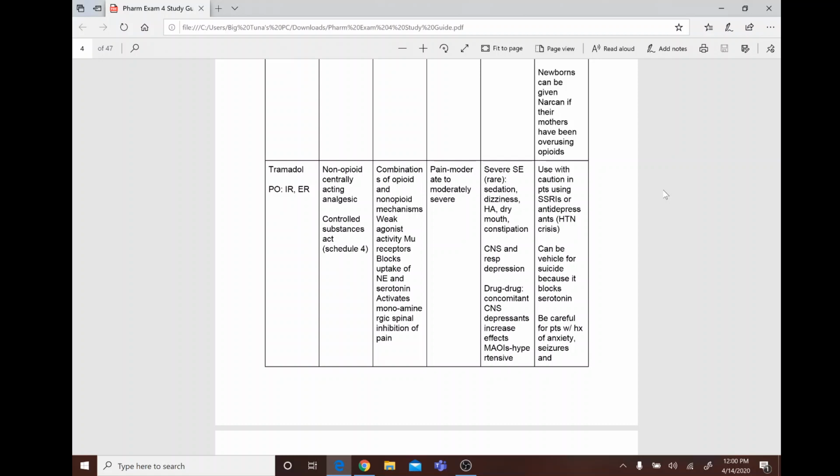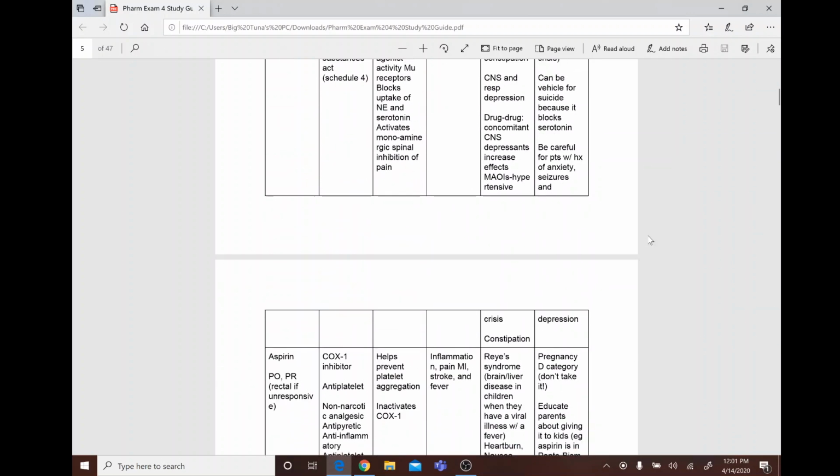Combination of opioid and non-opioid mechanisms, weak agonist activity at mu receptors, blocks uptake of NE and serotonin, activates monoaminergic spinal inhibition of pain. What is Tramadol used for? Moderate to moderately severe pain. What are the side and adverse effects of Tramadol?